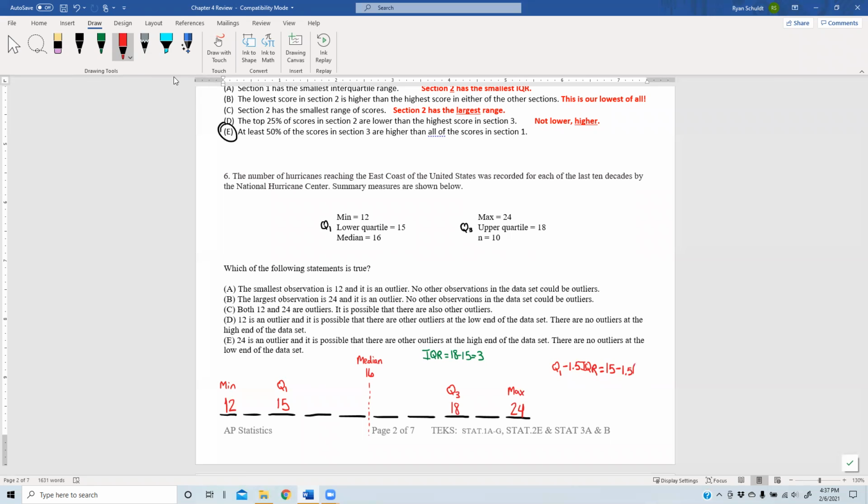So 15 minus 1.5 times 3 gives us, let's see, 10.5. So do I have an outlier on the low side? No. Let's make note of that. No outliers below, at least.